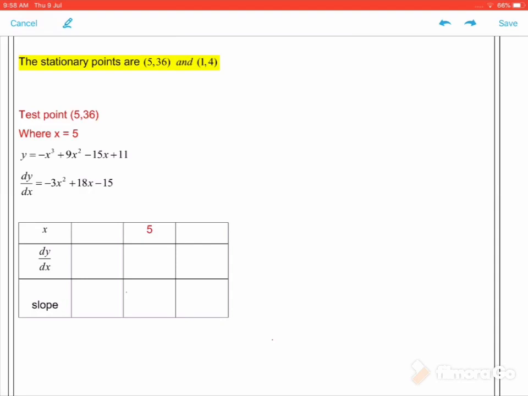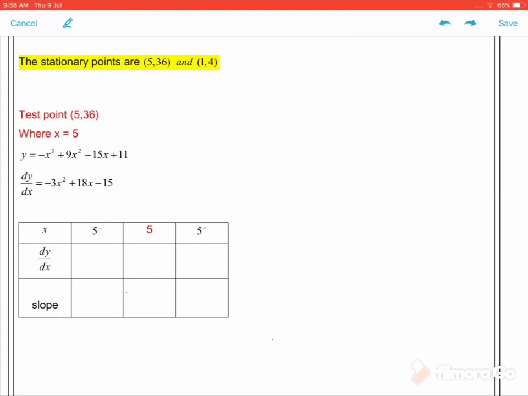For the column before 5, we can choose any number less than 5, such as 4 or 3; I denote it by 5 negative. For the column after 5, we choose a number greater than 5, maybe 6 or 6.5; I denote it by 5 plus.